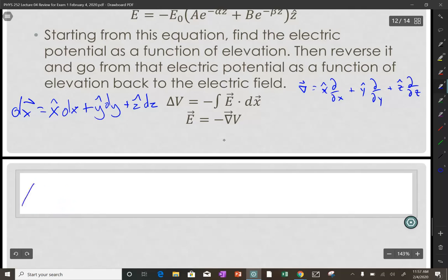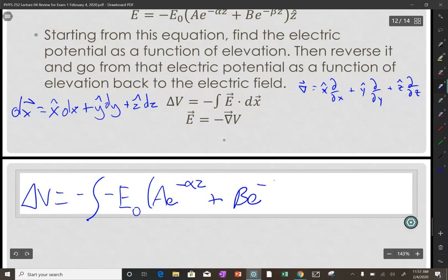negative integral of negative E sub 0 times (a e to the negative alpha z plus b e to the negative beta z) in the z hat direction, dotted with that thing: x hat dx plus y hat dy plus z hat dz.